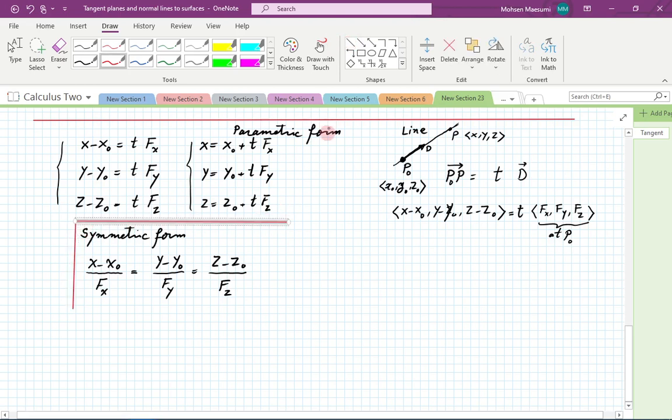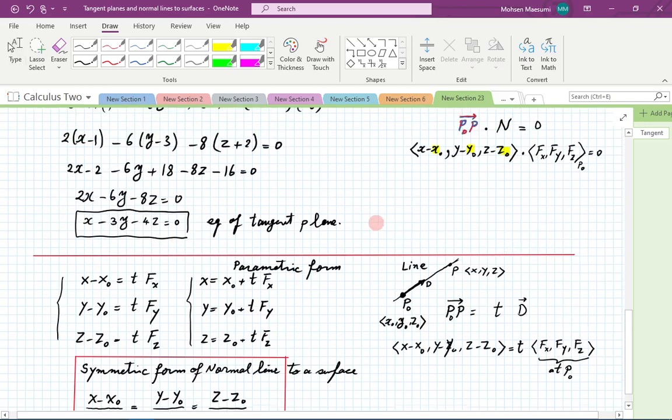So there's another holy grail of ours. What is the symmetric form of the normal line to a surface, of course. So let's go back again and see what happened.